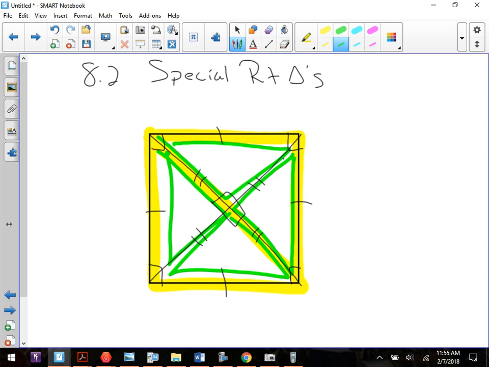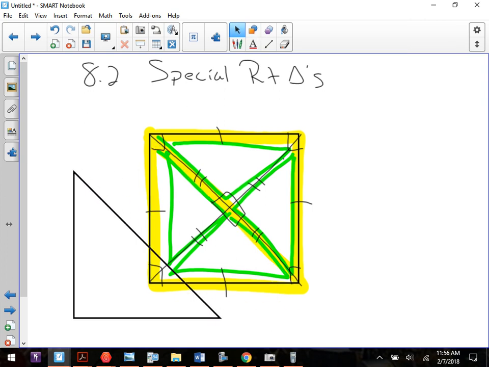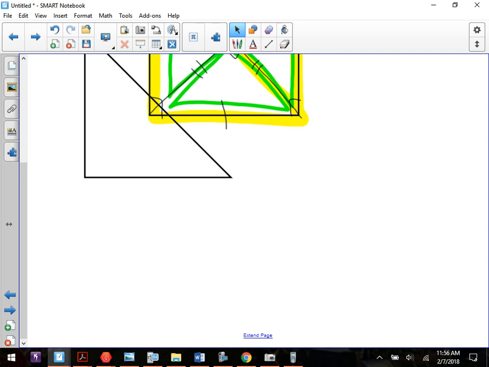Now, when we have these right triangles that are created, if you just look at one set of them, I'm just going to see if I can redraw this. Look at just this one.